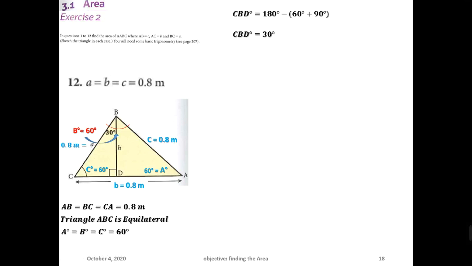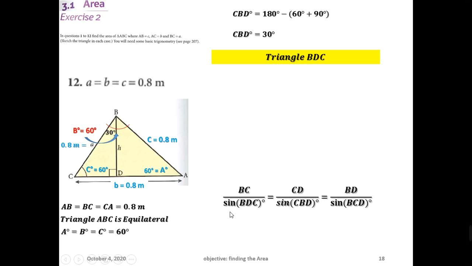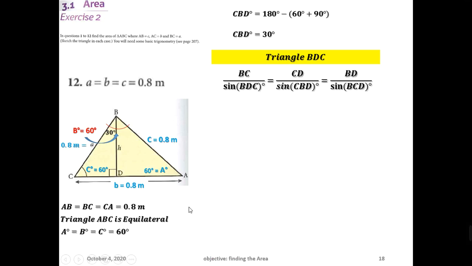Now, in triangle BDC, we're going to apply the sine rule, which states side BC, the opposite angle to it is angle BDC. So side BC over sine of BDC is equal to side CD, the opposite angle to it is angle CBD.